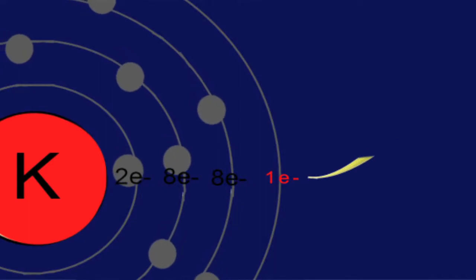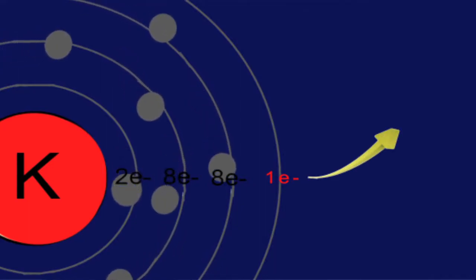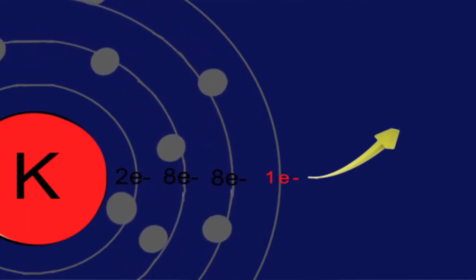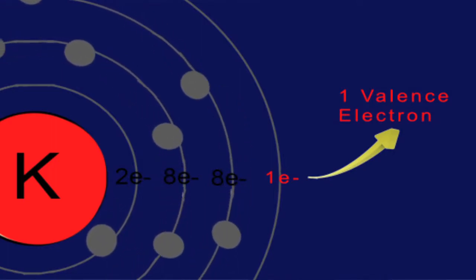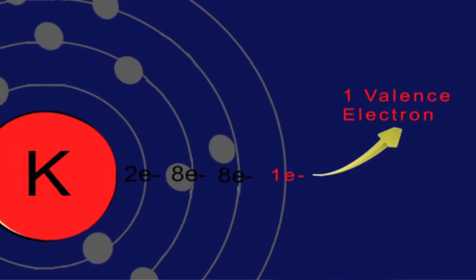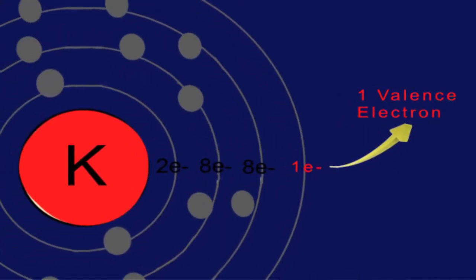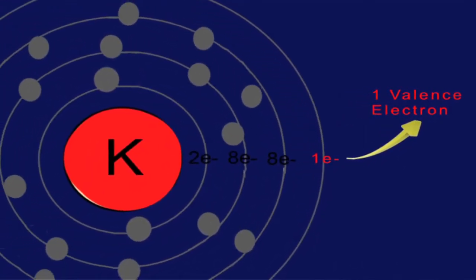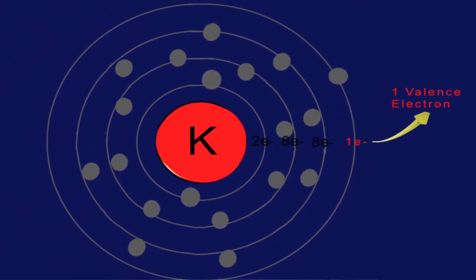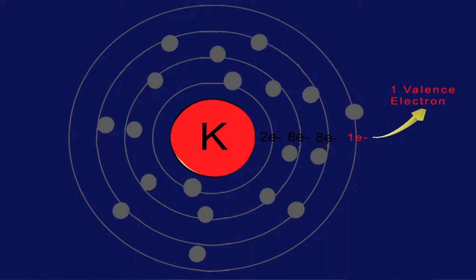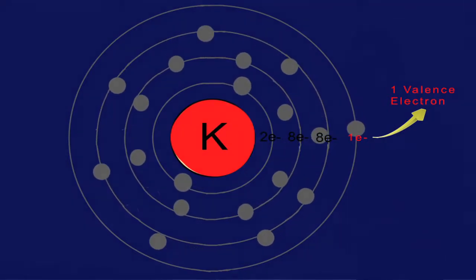And then here's the one electron that I'm very interested in, the outermost electron. That is my valence electron. That's the one that we're interested in. So that's the general idea, that you're looking for only the outermost electron in order to explain the number of valence electrons.